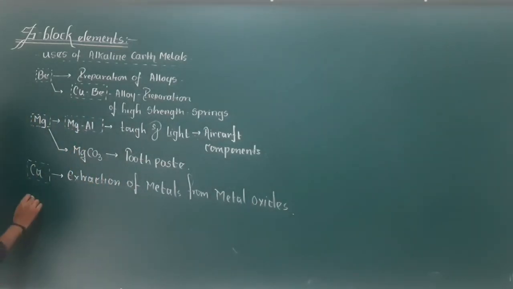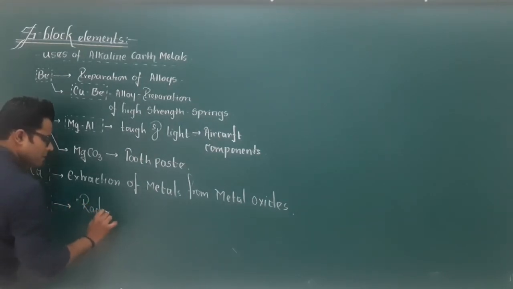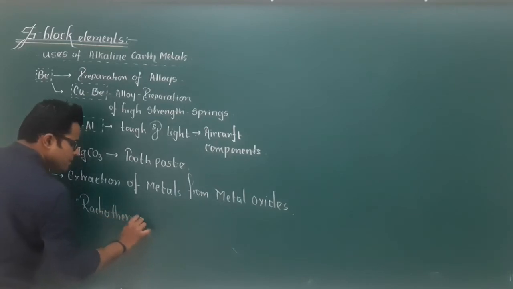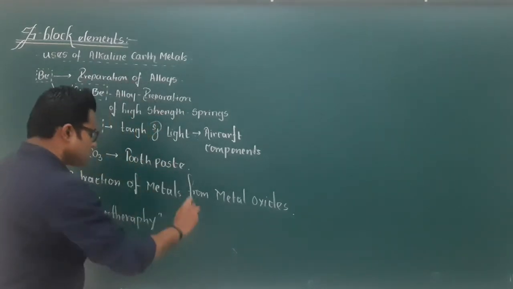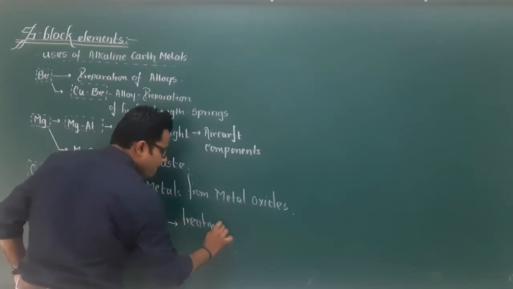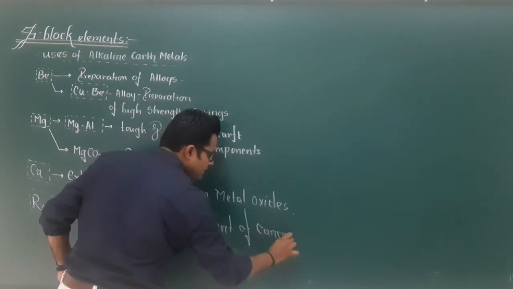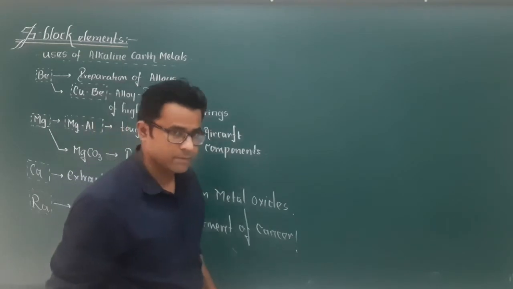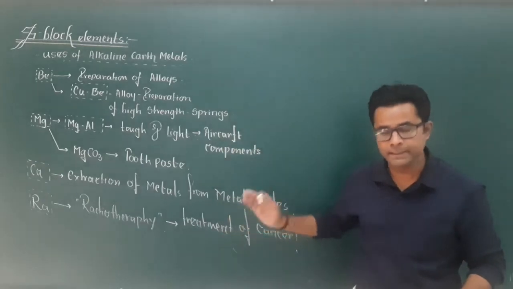Okay, now taking a look with respect to radium. Now, radium is used in radiotherapy. It is used in radiotherapy in the treatment of cancer. Okay, so these were the different uses of alkaline earth metals.